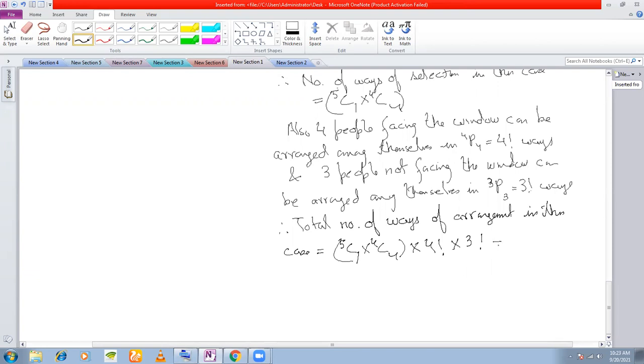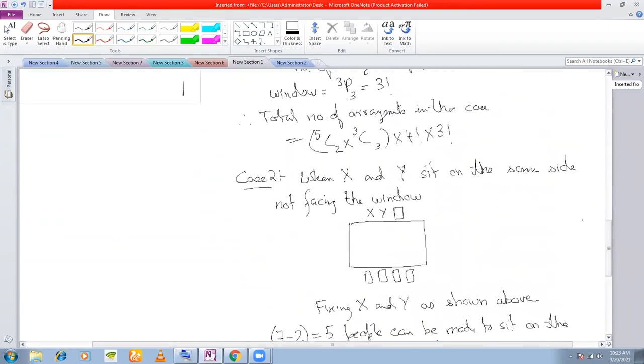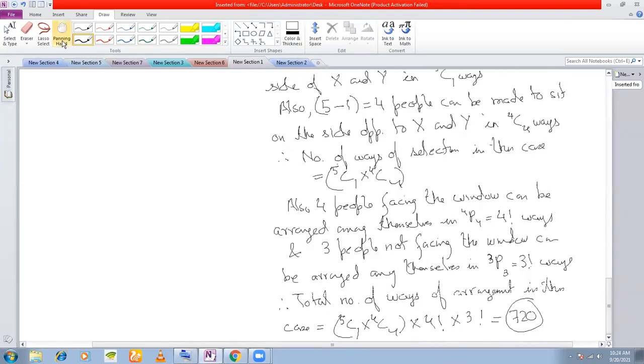So if you calculate this, I think it should come to 720. And the earlier case will come to 1440. So you can have either this case or this case, because you have an or, therefore you need to add this and this to get the total number of ways.